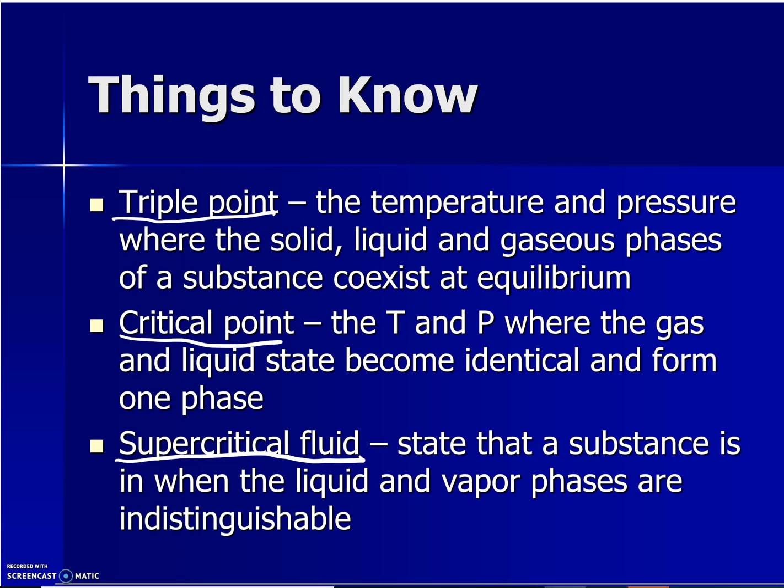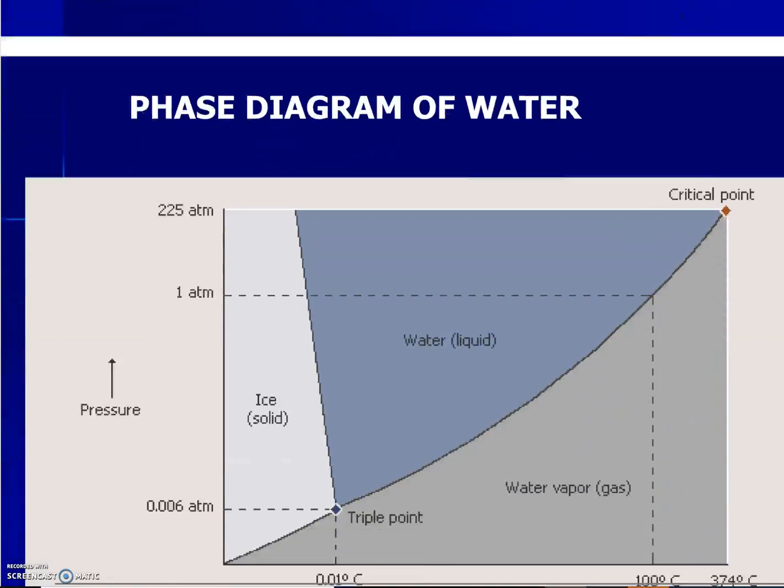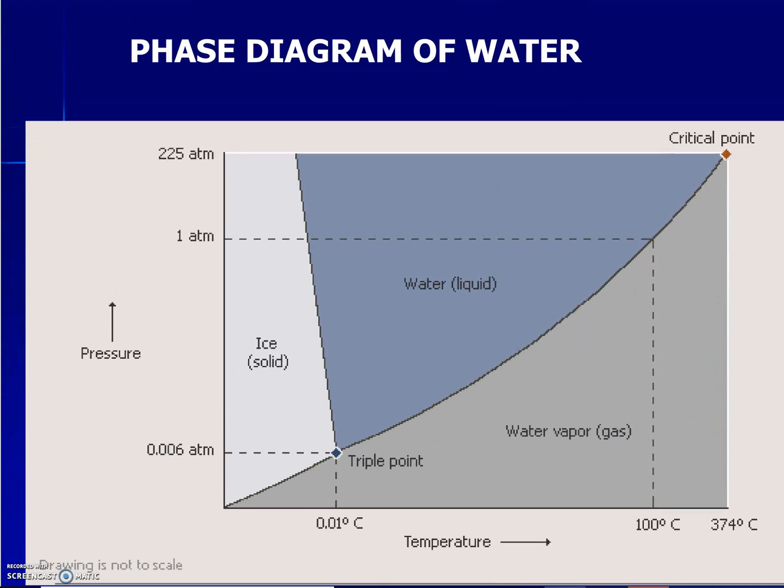So let's take a look at a graph so you can see where these points lie. If we're looking at water, you guys at this point know that water should freeze at 0 degrees Celsius and boil at 100 degrees Celsius.